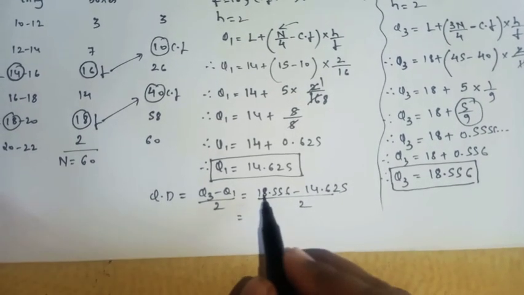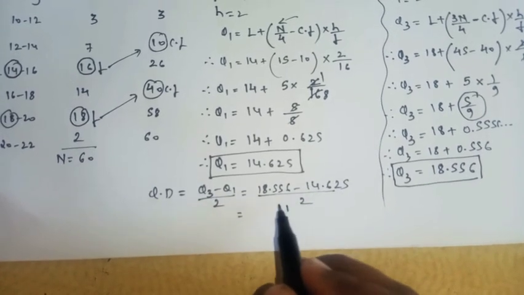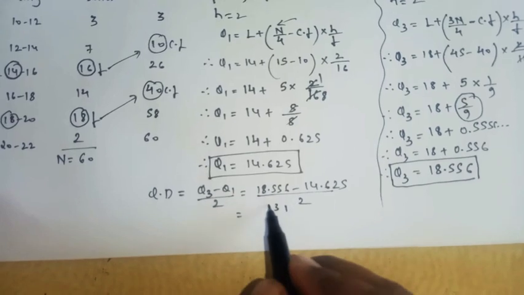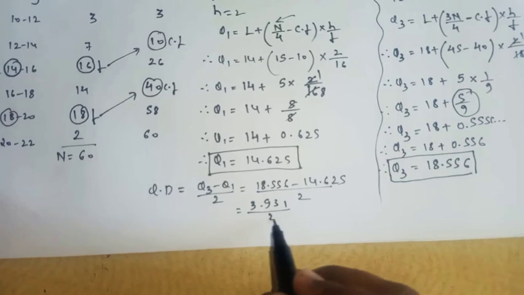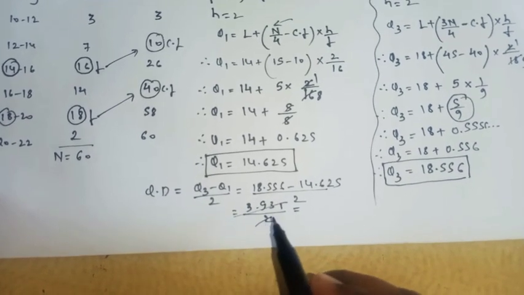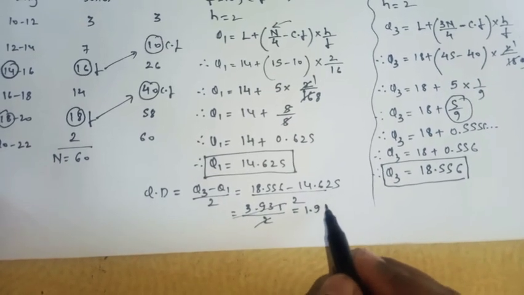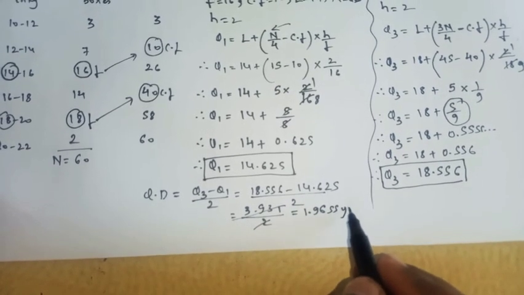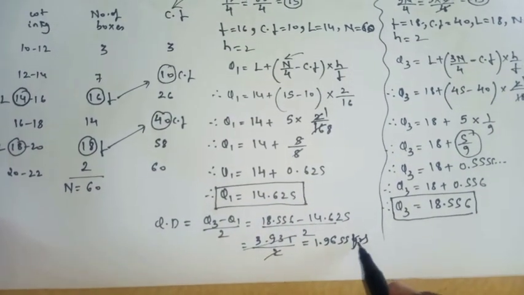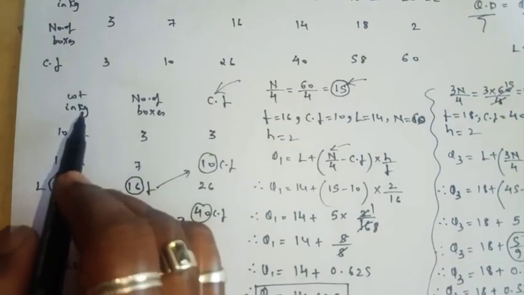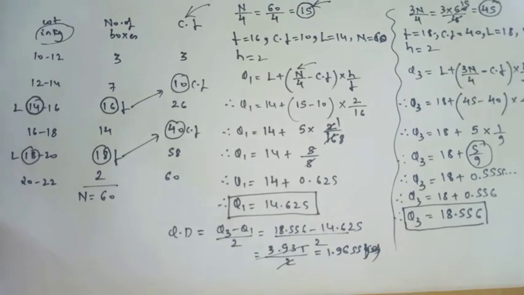When you solve this part, 18 minus 14, 6 minus 5, 1, 3, then 9, 17 minus 14, it will be 3 upon 2. So divide this part. So here you will get 1.9 and so on. Sorry, here it will be in kg, because here the unit is kg. So here we got the answer for this sum also.